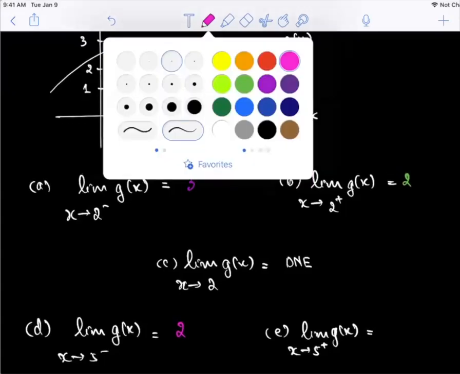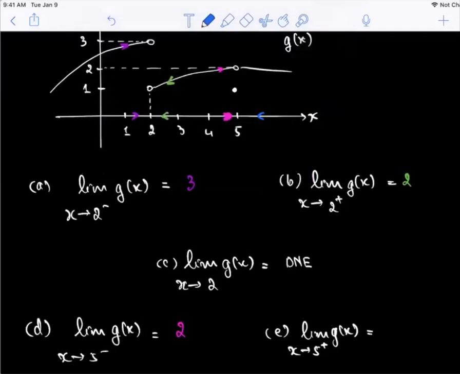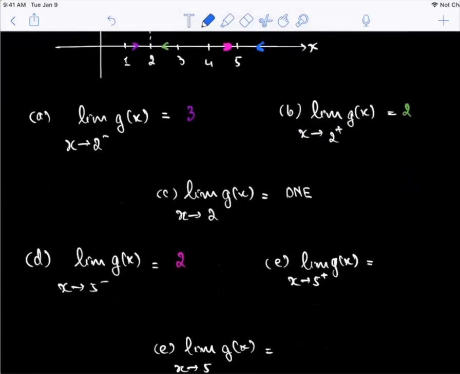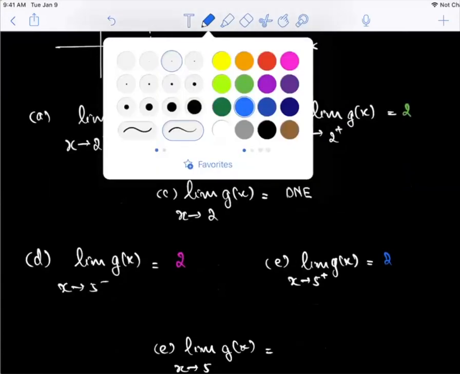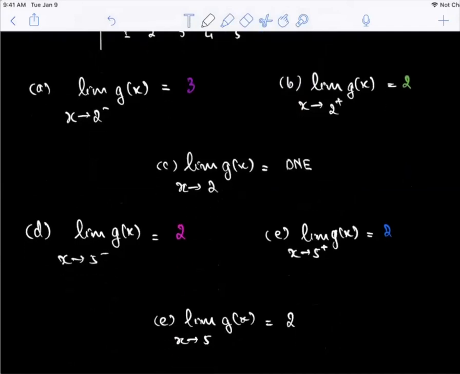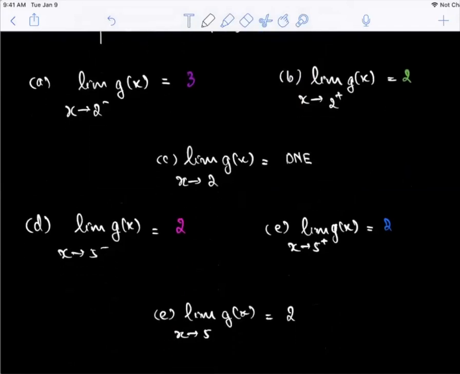As x approaches 5 from the right, where is the function heading to? So also 2 here. Because the left-hand limit equals the right-hand limit and they have the same value, the limit of the function as x approaches 5 equals 2.